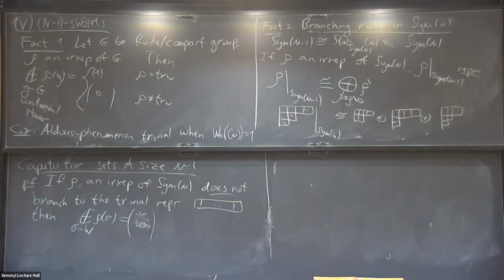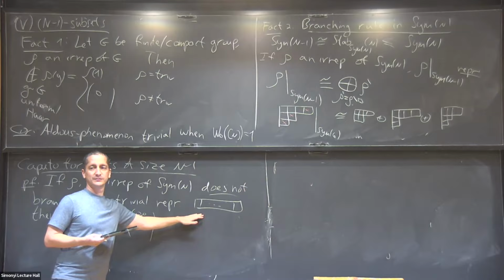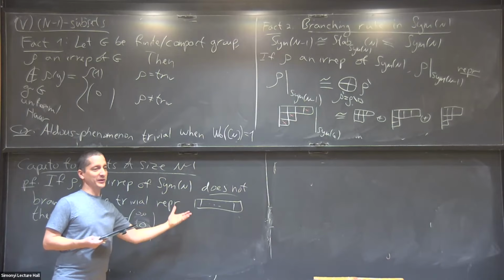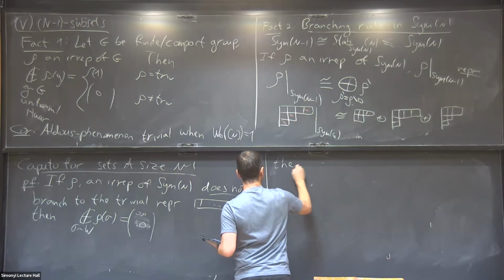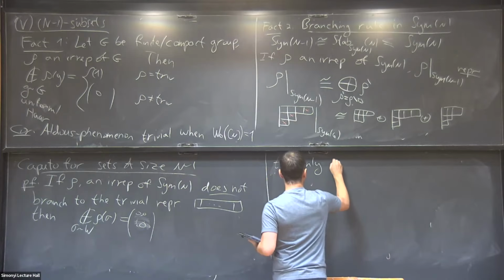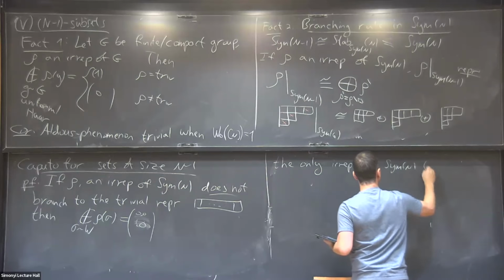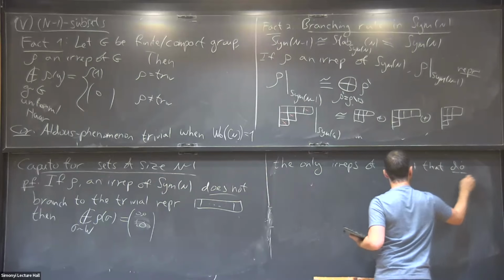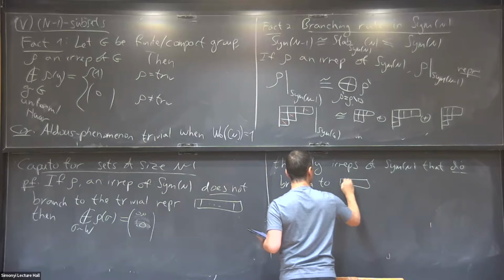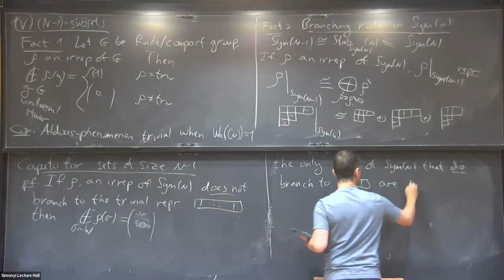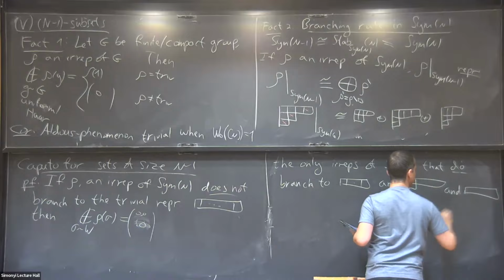Which irreps of Sn branch to the trivial? I need to take this one and add a square, right? I do the reverse. So the only irreps of the symmetric group that do branch to the trivial are this one and this one.